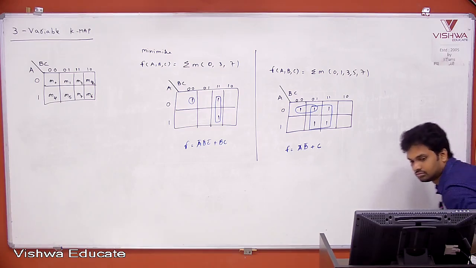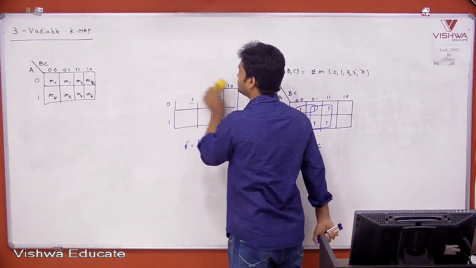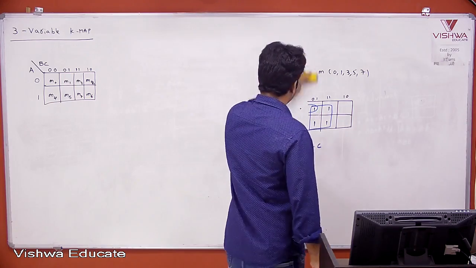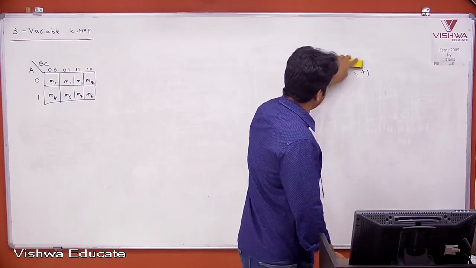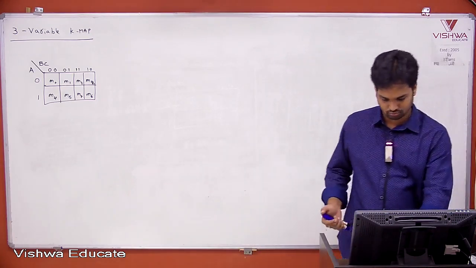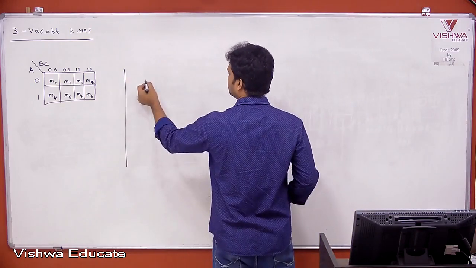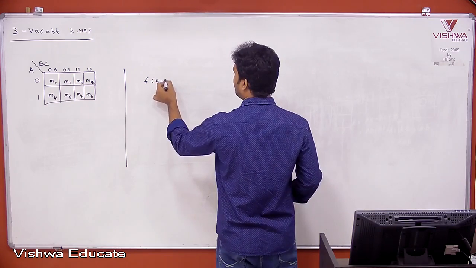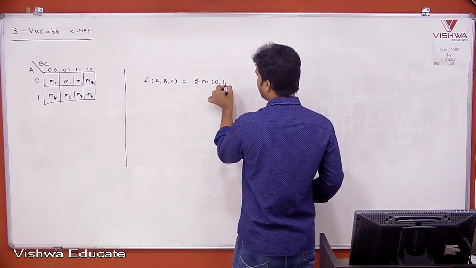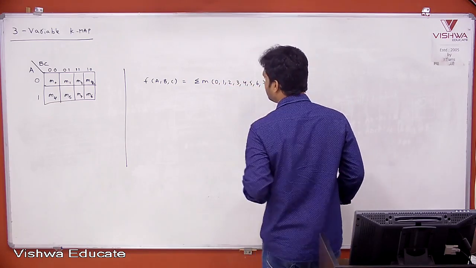Okay. Next one. F of ABC equal to sum of the minterms 0, 1, 2, 3, 4, 5, 6, 7.